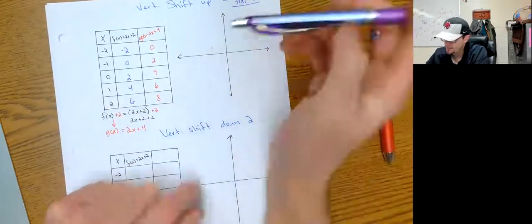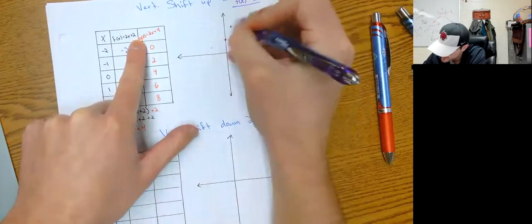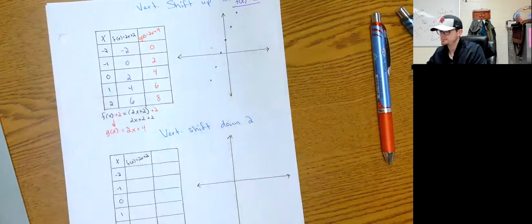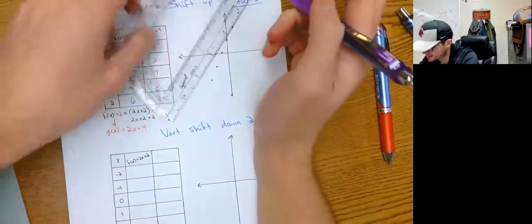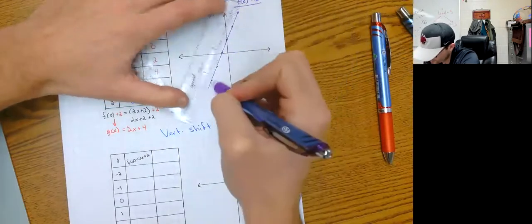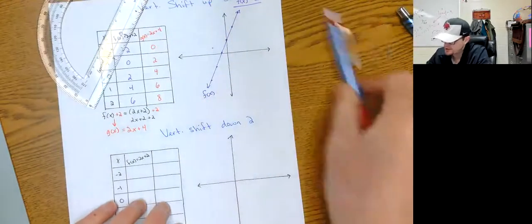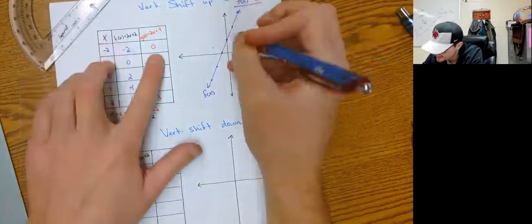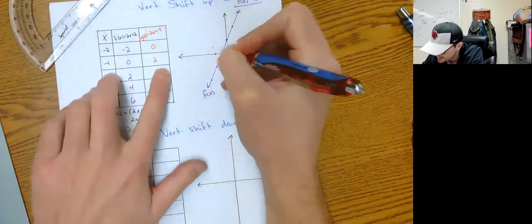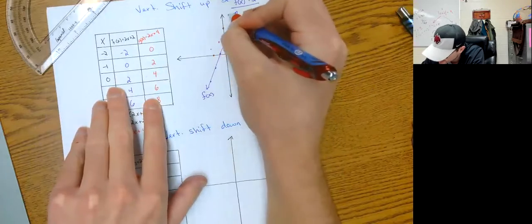All right, now we're going to graph both of these. This one has a y-intercept of 2, and then the slope is 2, so up 2, up 2. So that would be f of x. And then for g of x, we got (-2, 0), (-1, 2), and then (0, 4), and then right there.